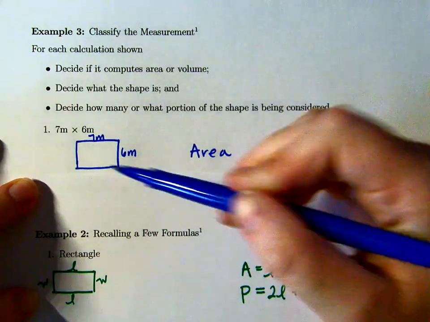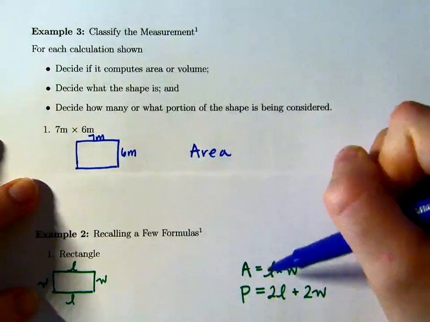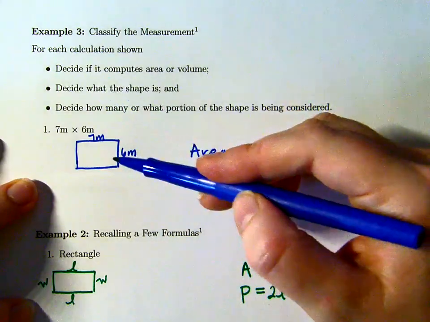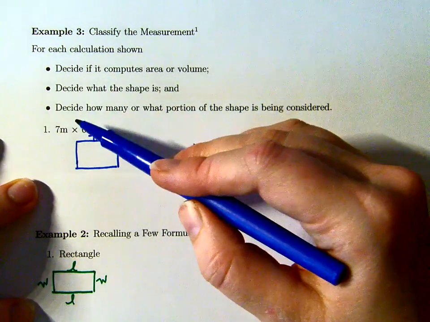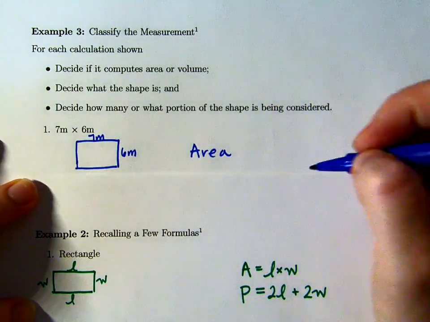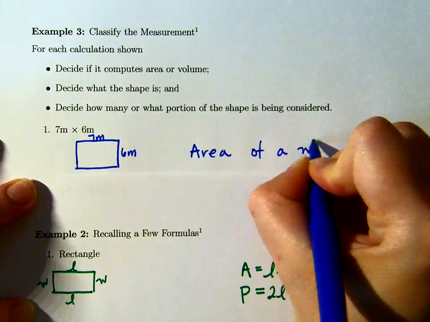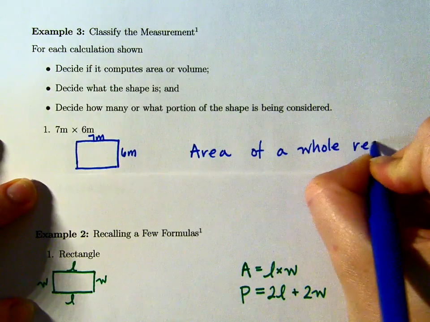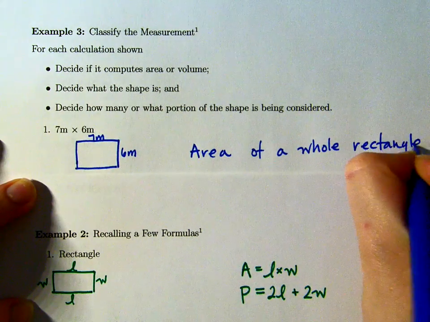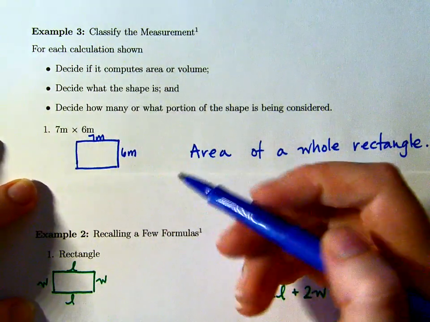I've decided that this matches the formula for the area of a rectangle. Decide what shape it is. Done. Decide how many or what portion of the shape. This is a whole rectangle. Area of a whole rectangle. Now I want you to notice it did not ask me to actually compute this, so I'm moving on.